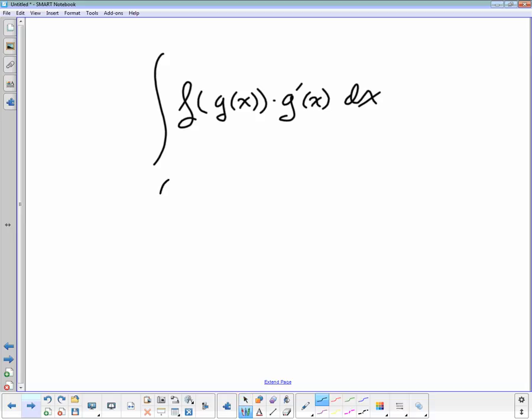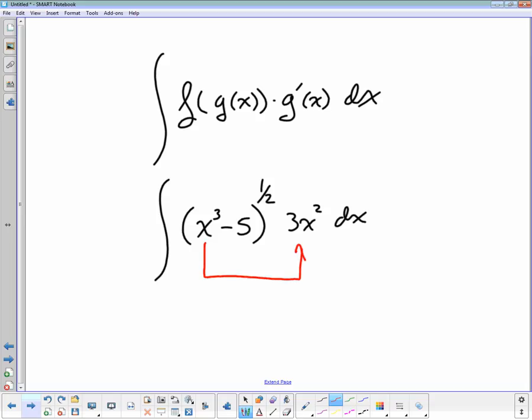Like, for example, if you look at this carefully, you'll see that I've got a function and its derivative, and I've got this wrapper function, which is the square root. This is the kind of idea to look for.